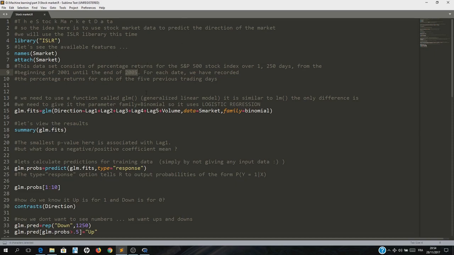We can use it to train a logistic regression model to see whether our market is going up or down, so 0 or 1.